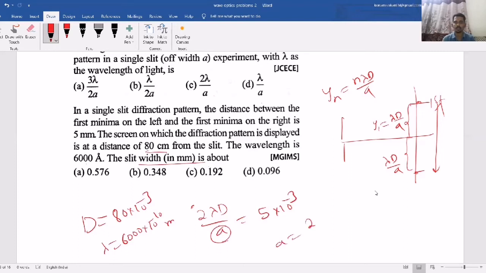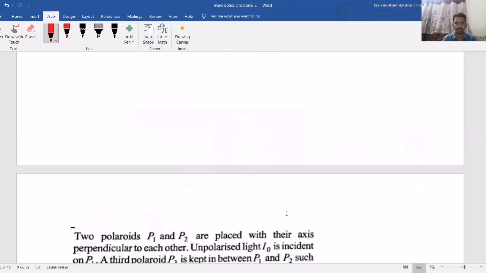So from here A equal to 2 lambda D by 5 into 10 power minus 3. Lambda given, capital D given. So just substitute and calculate. See, I told you always the question looks big, but if you understand, the solution becomes easier. So that is the main thing. Most of the questions are like that, especially with wave optics.